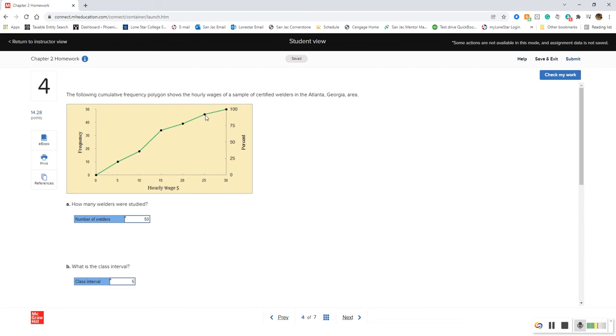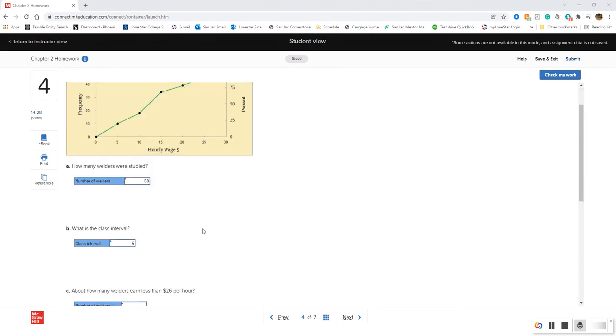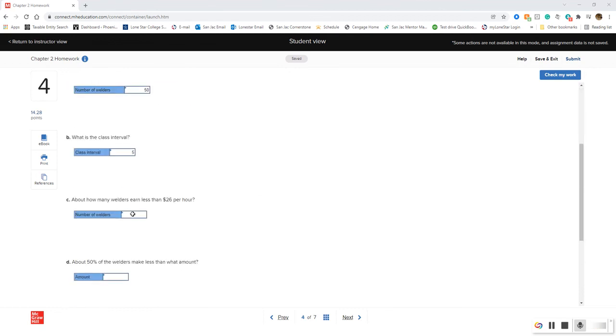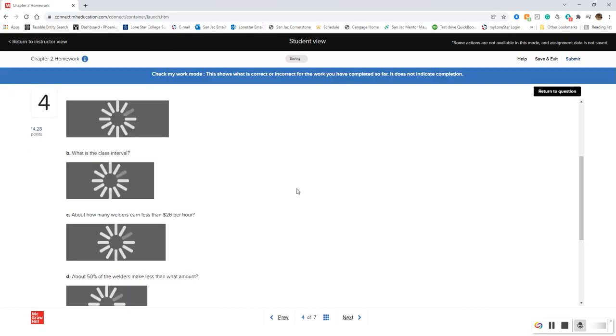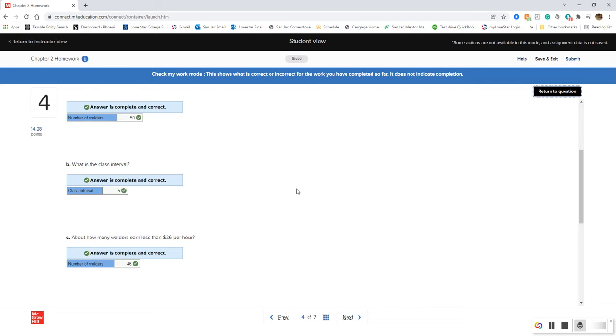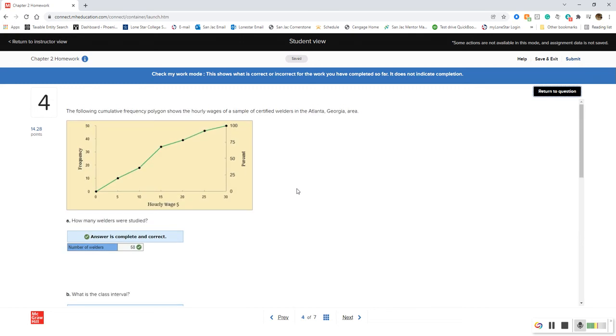So we got right about here. And we have to determine, so we know it's above 45, it looks like above the halfway point. And we're right there at 46.